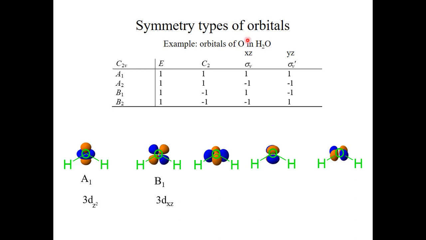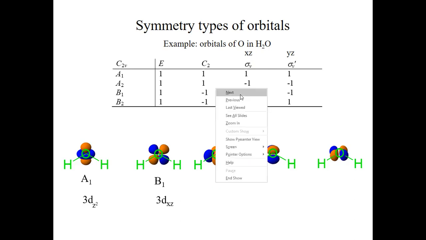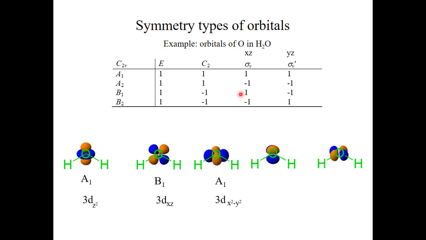Would it be A1? Yes, I think this is correct. So again, none of these 4 operations change the algebraic sign of the wave function. What about this orbital here? So this is actually the dyz.